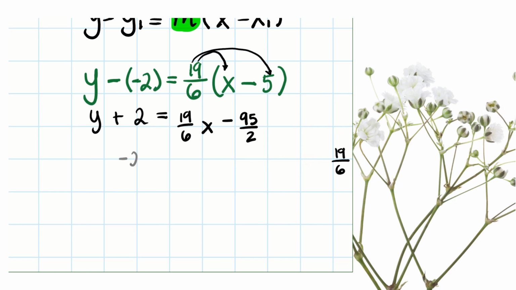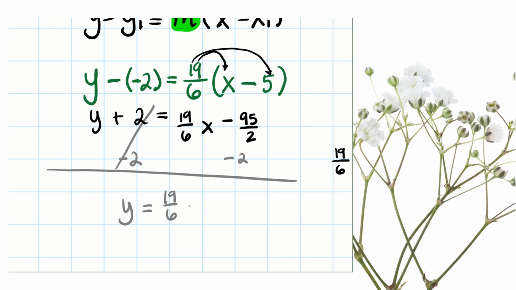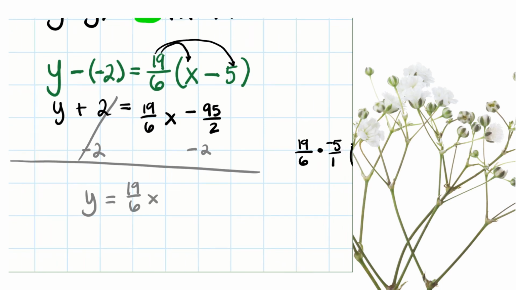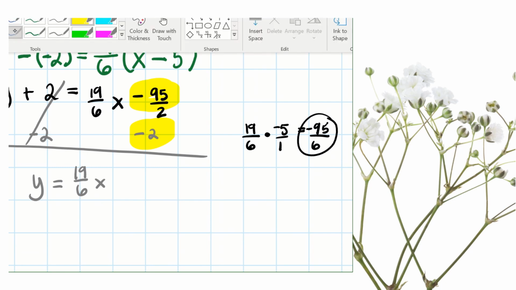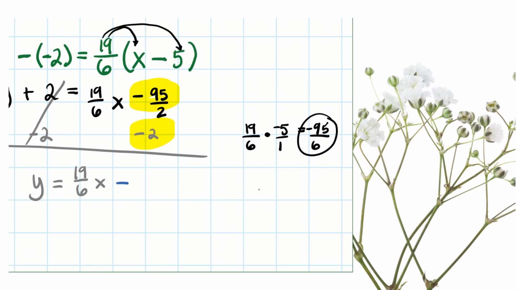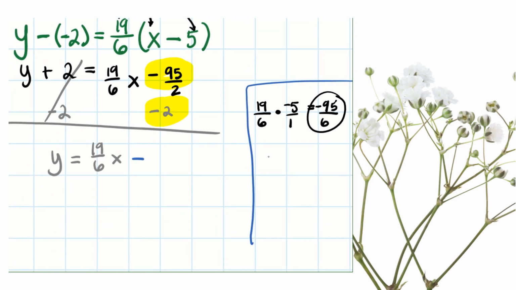We're going to go ahead and switch it there. Shouldn't be over 2. We just did the side work, and it says that it's over 6. But let's go ahead and move the 2 to the other side because y needs to be isolated. Because it should be y equals mx plus b. Again, don't get thrown off. We're going to fix that over 2 to over 6 in a sec.